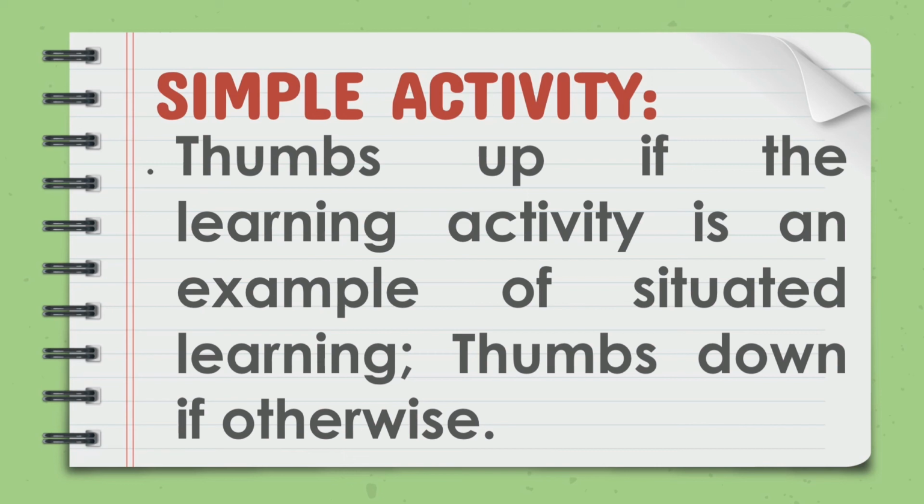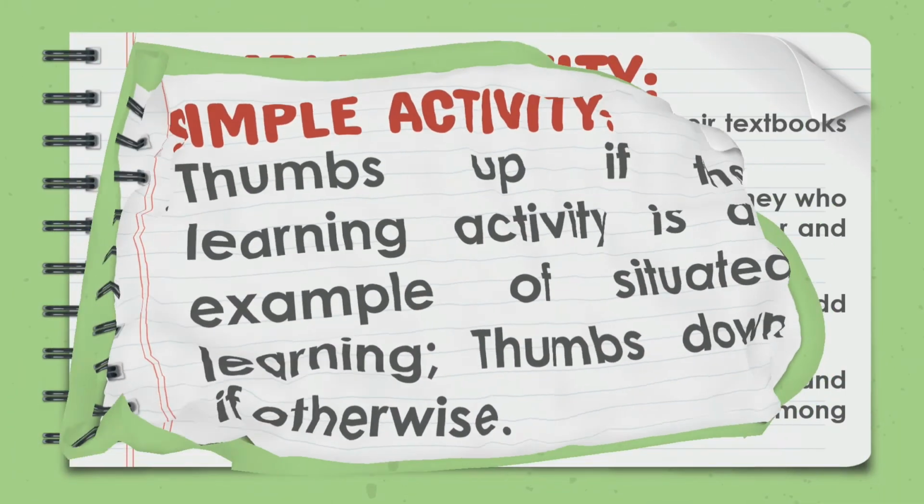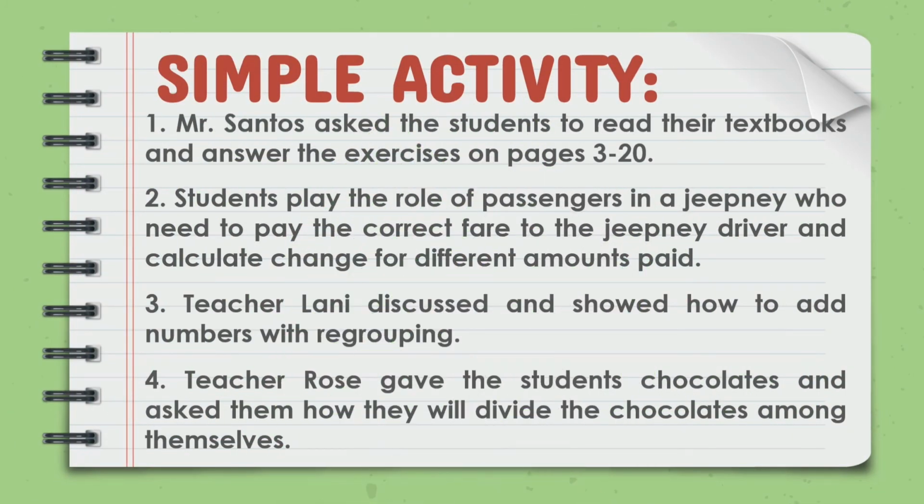Simple activity: thumbs up if the learning activity is an example of situated learning, thumbs down if otherwise. Mr. Santos asked the students to read their textbooks and answer the exercise on pages 3 to 20. Is it situated learning?